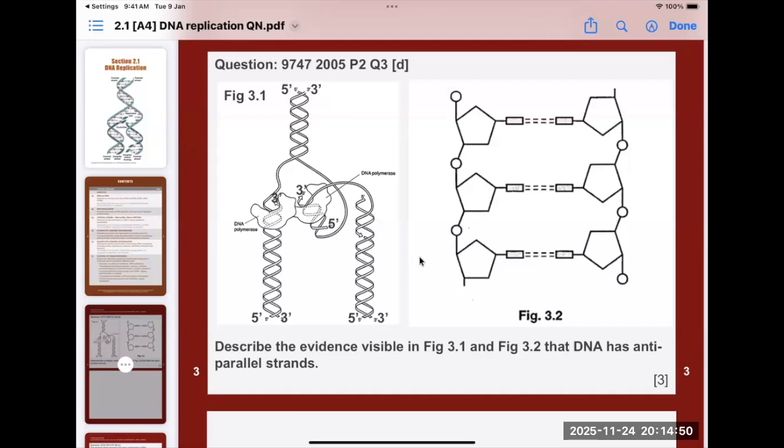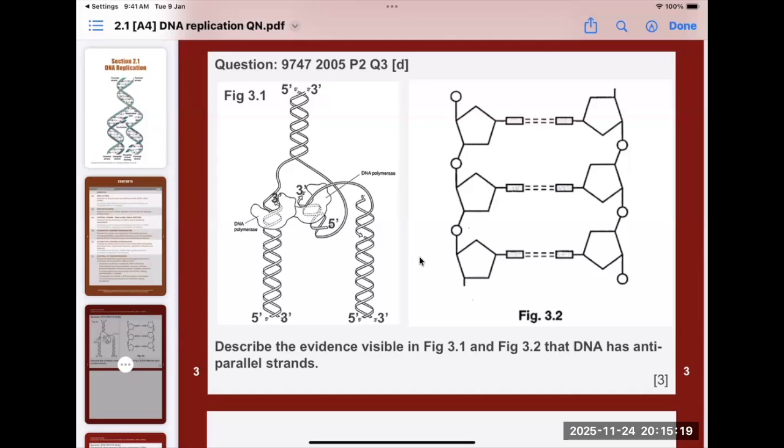Now let's look at 3.2 first, because we covered 3.2, right? How to know from 3.2 that DNA has anti-parallel strands? Because of the structure, like pencil.